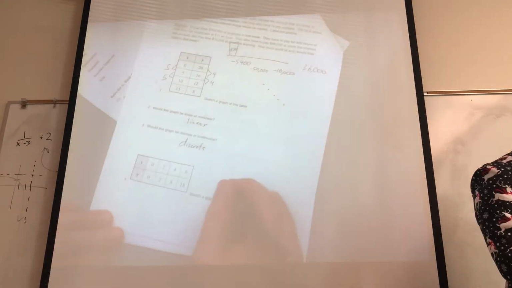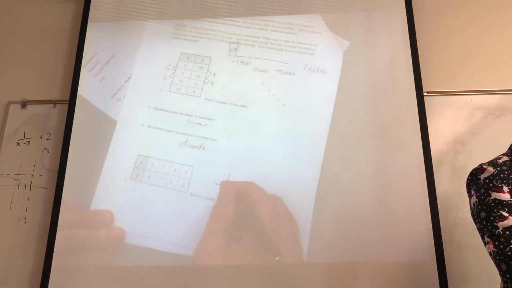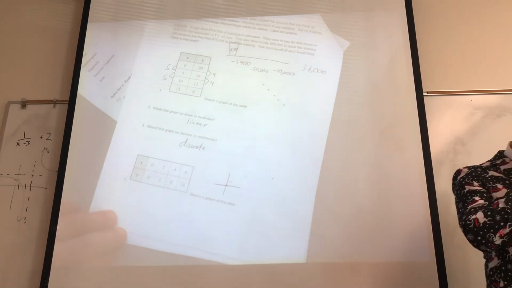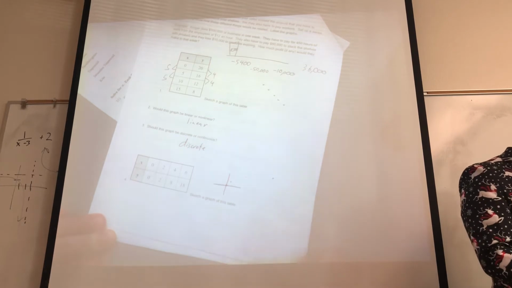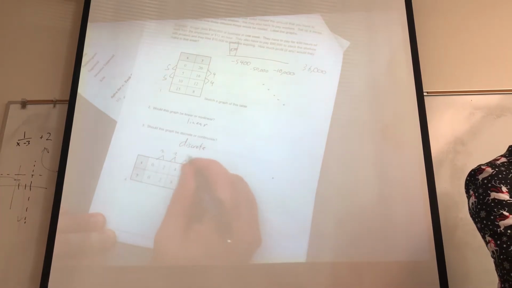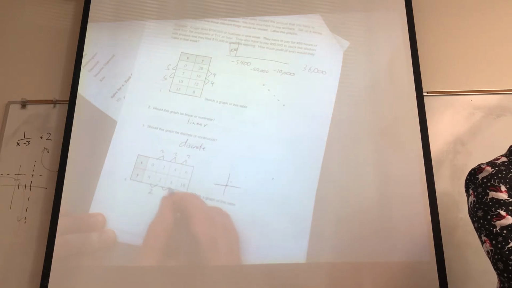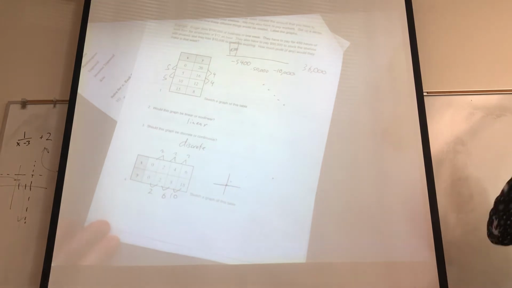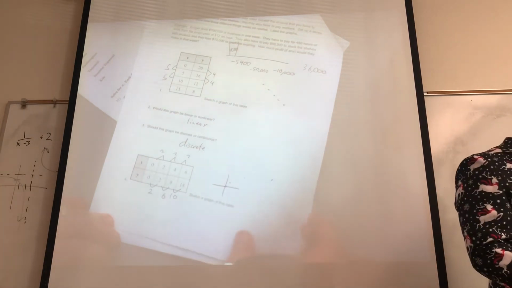On this one, 0, 0, 2, 2, 8, 4, 18, 6, this changes by 2, then 2, then 2, this changes by 2, then 6, then 10. Okay, so this one's definitely going weird.